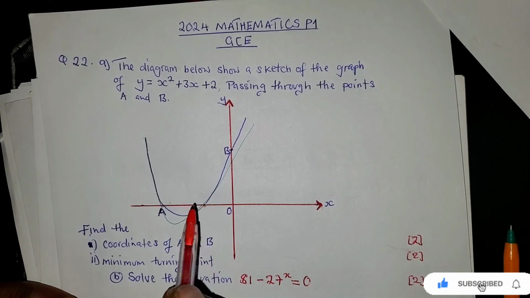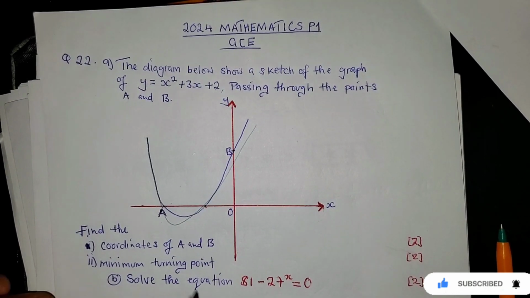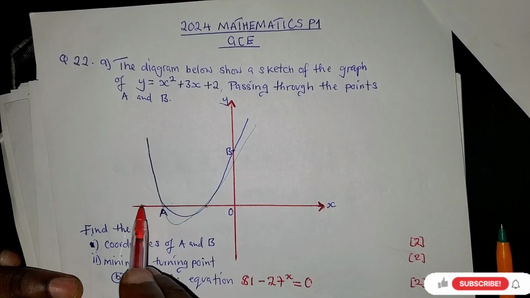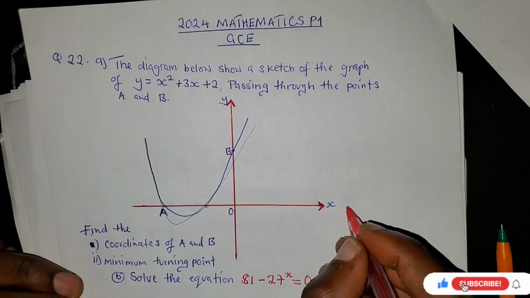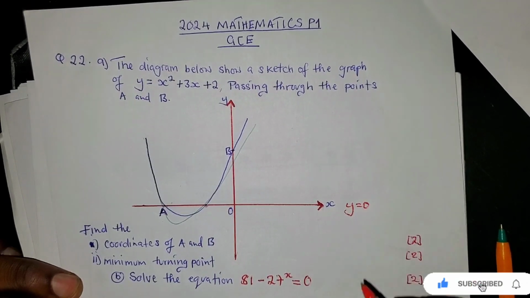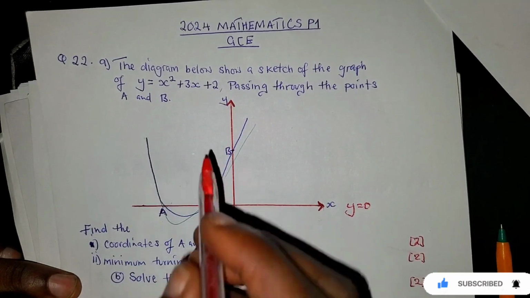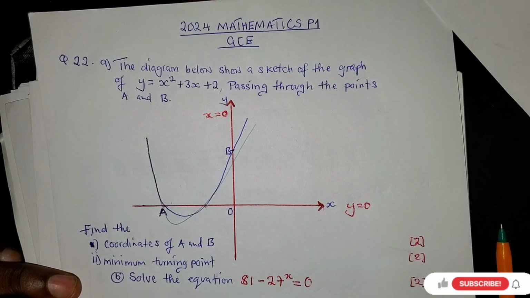Now listen very, very carefully. This is the x-axis, and the value of y on the x-axis is 0. So here y is equal to 0. In the y-axis, the value of x is 0.